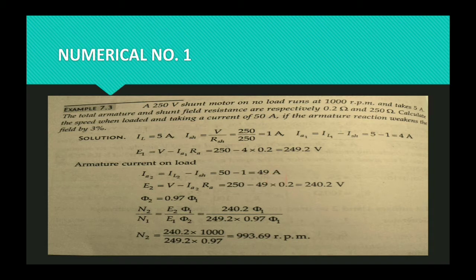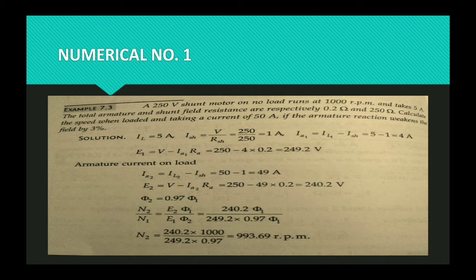And now the value of E2, the induced EMF of the armature, or back EMF in the second condition, equals V minus IA2 into RA, that is 250 minus 49 into 0.2, where 0.2 is the armature resistance, which equals 240.2 volt. So in the second condition, the back EMF equals 240.2.